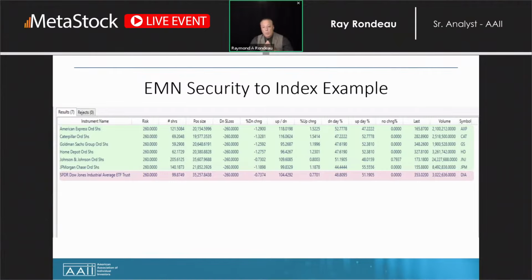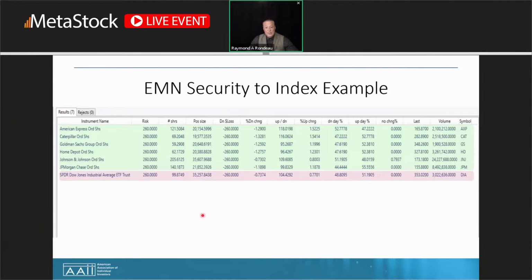Now, one critical point here is that the short index ETF, as we see right here in red, has to be multiplied by the number of securities that are being held. Think about this. In a perfect world, if the market had an average down day, these 6 individual securities would each lose $260 for a total loss of $1,560 for the day.